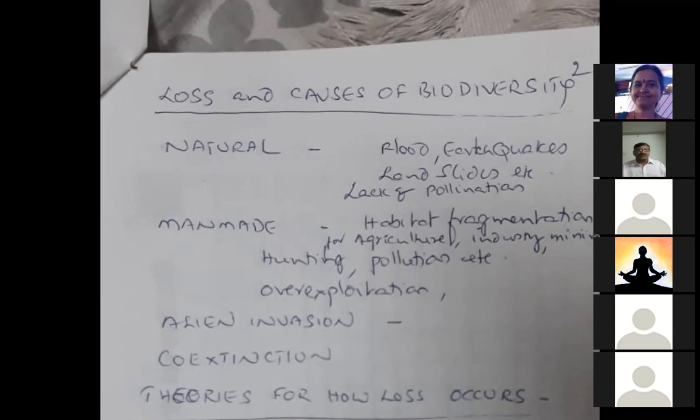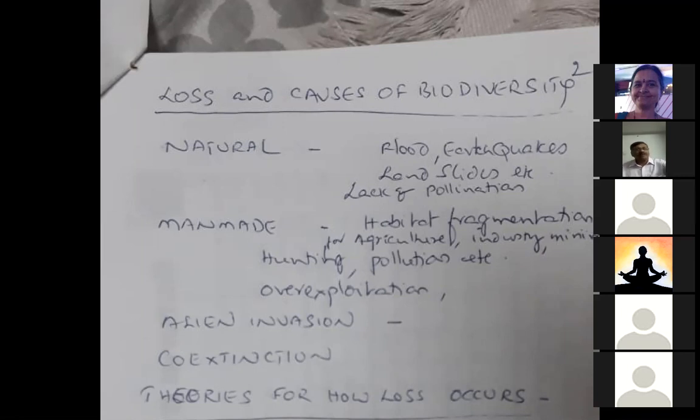Automatically, the cross pollination between male and female flowers, there is no messenger, nobody to carry pollen from the male flower to the female flower, so fertilization will not occur, species will not get multiplied, or new species will not come. These are all natural reasons which occur by themselves, and you cannot do much unless you preserve the current environment, biodiversity, the areas where you have all kinds of species. You cannot do anything beyond that.